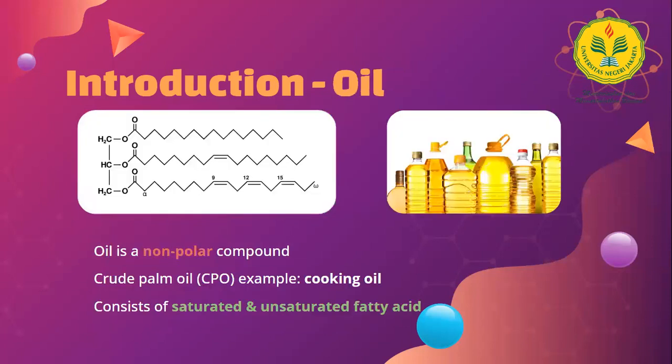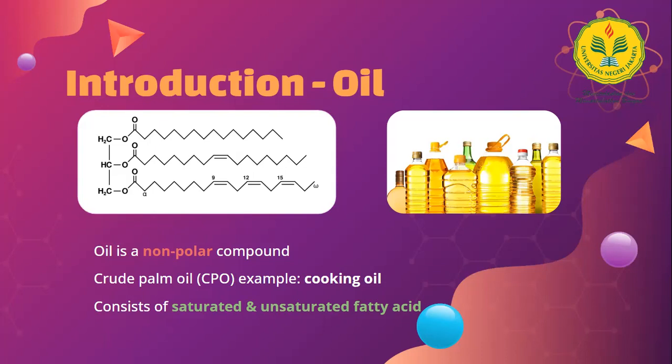The next is oil. Oil is a nonpolar compound because of its long hydrocarbon chain. And one of the types of oil is crude palm oil or CPO. Indonesia is currently the worldwide largest producer of CPO. And one of the CPO products is cooking oil.